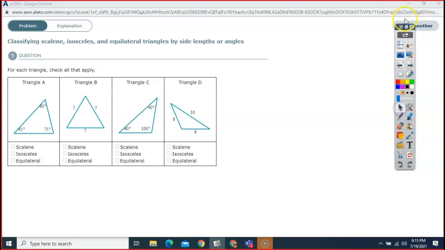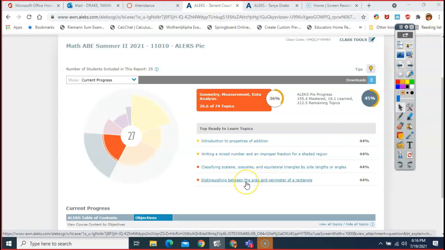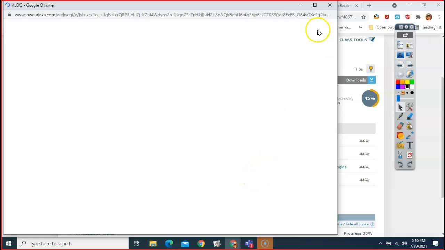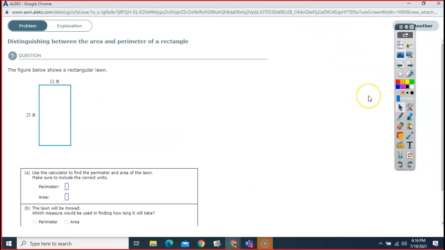And then, of course, lastly, we've got distinguishing between area and perimeter. Area covers a full area.